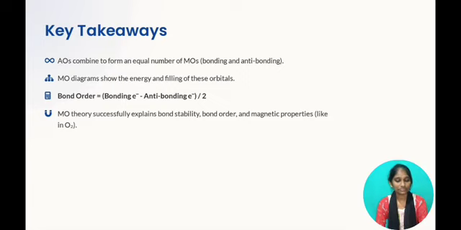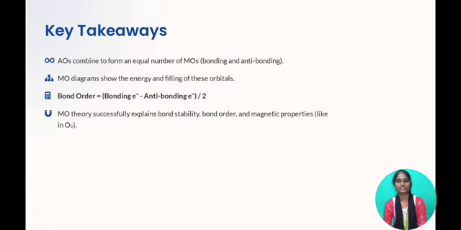The molecular orbital diagram shows the energy and filling of these orbitals. Bond order formula is bonding electrons minus anti-bonding electrons divided by 2. Molecular orbital theory successfully explains bond stability, bond order, and magnetic properties.